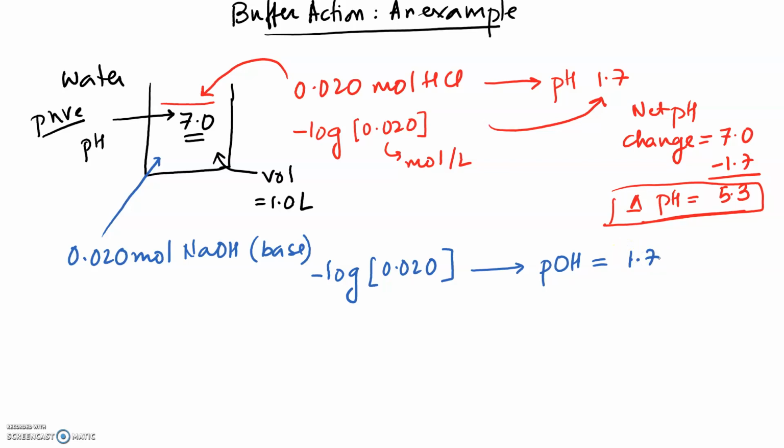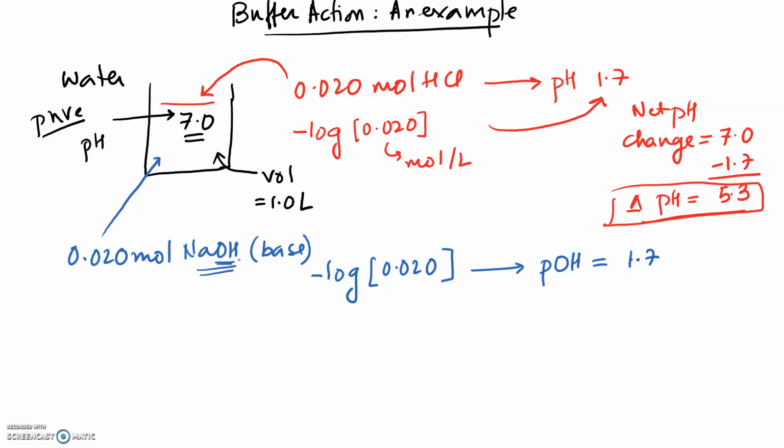And notice very carefully though, because we took a base, we can't directly determine the H plus ion concentration. We have to do it by finding the pOH first, which is the negative log of the OH minus ion concentration, which directly comes from the OH minus ions in NaOH.